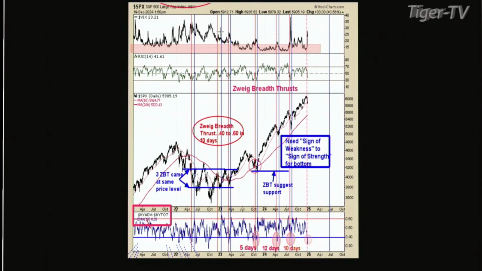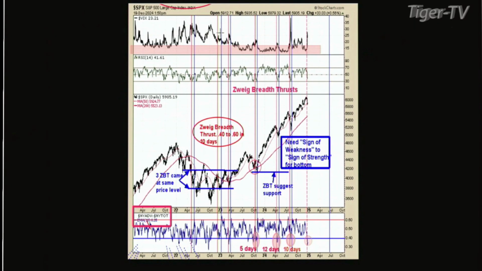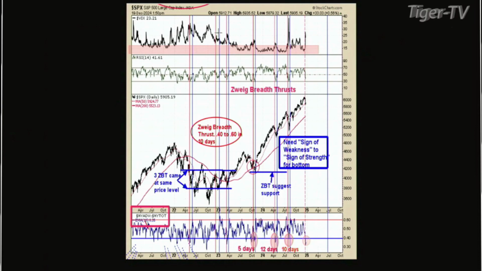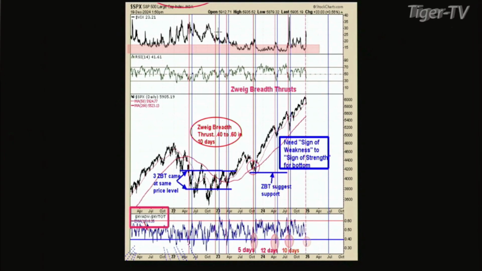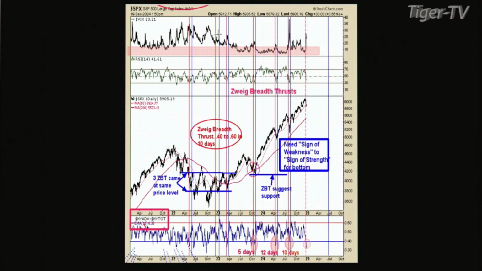The bottom window is NYSE advancing issues over NYSE total issues, and you take a 10-day average of that. The trigger is a reading below 0.40. As of yesterday's close, we're at 0.35. That starts it, and within 10 days you need a reading of 0.6.